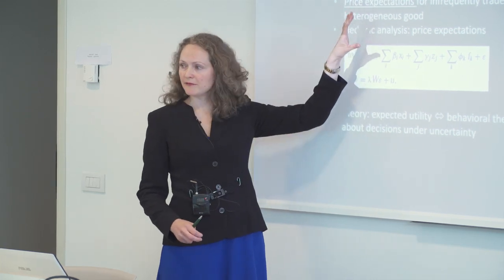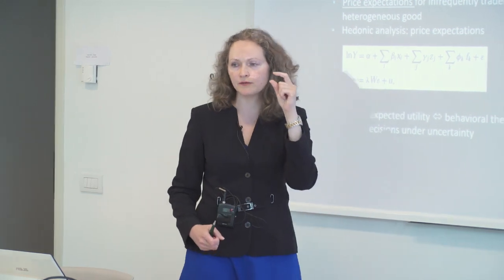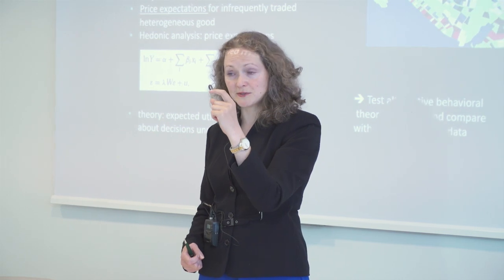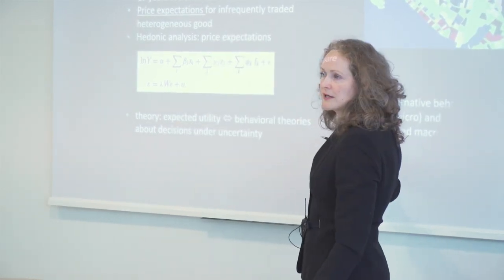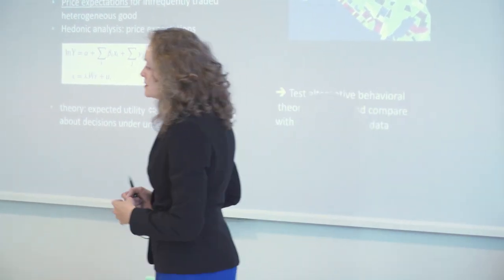This macro level data was very useful because we could understand what the price discount would be. We could estimate empirically how much prices will drop, and then test alternative theories defining behavior under uncertainty, for example under risks in this case.